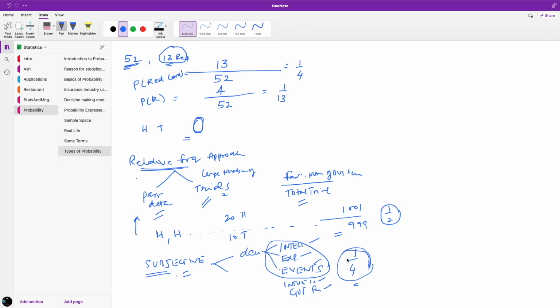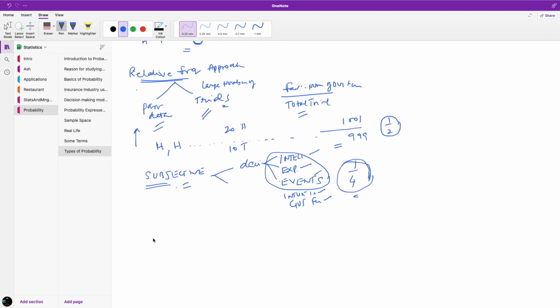Now, in real life, there are two investors, Warren Buffett and Charlie Munger. These people are stock investors.